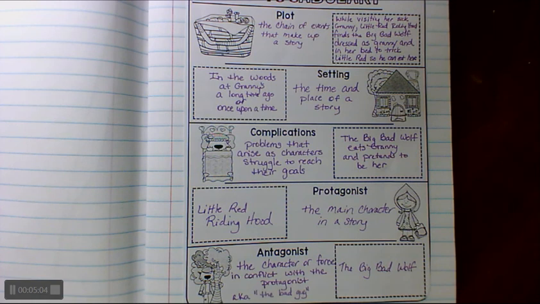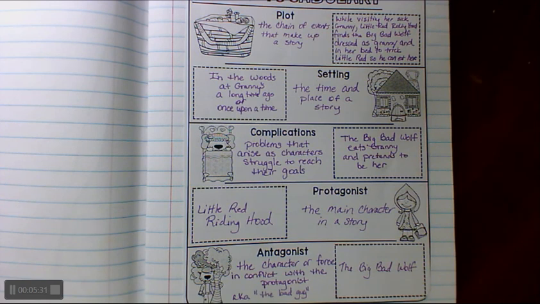So complications are any kind of problems that arise that keep your character from reaching their goal. And the longer a story, the more complicated a story, the more complications you're going to have. The thicker the plot will be. In Little Red Riding Hood, the only complication is the big bad wolf.